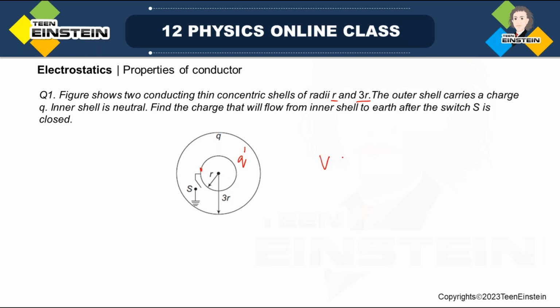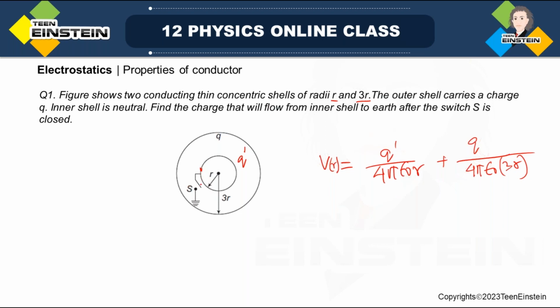See, the potential is Q prime by 4 pi epsilon naught R, this is on the surface, and for the outer spherical shell it will be Q by 4 pi epsilon naught into 3R, because it is an inner point corresponding to that.